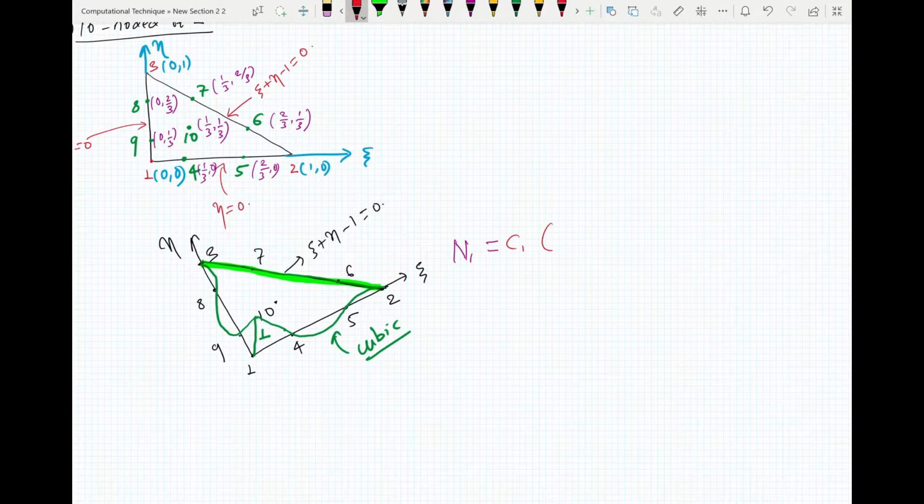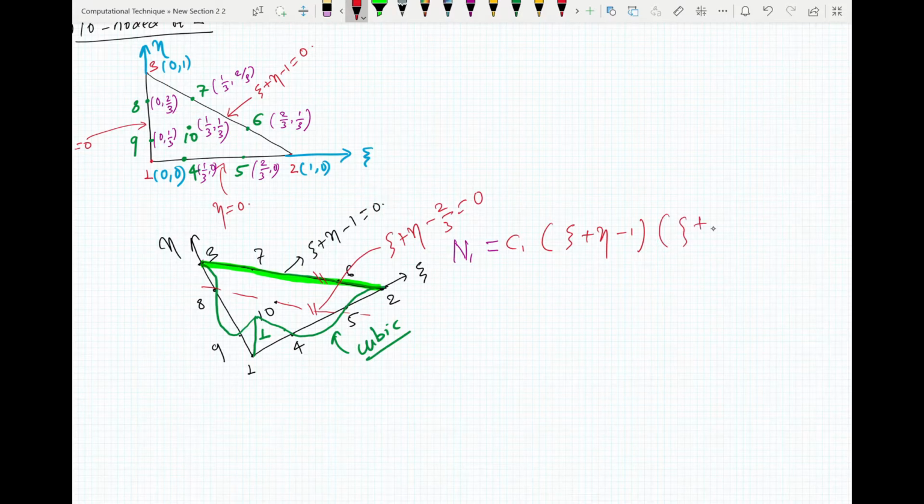This one will be c1 and then xi plus eta minus 1. And then you have to find another line which will include these 3 nodes. So this line will be parallel to this one. So it will be xi plus eta minus 2/3 equals to 0.